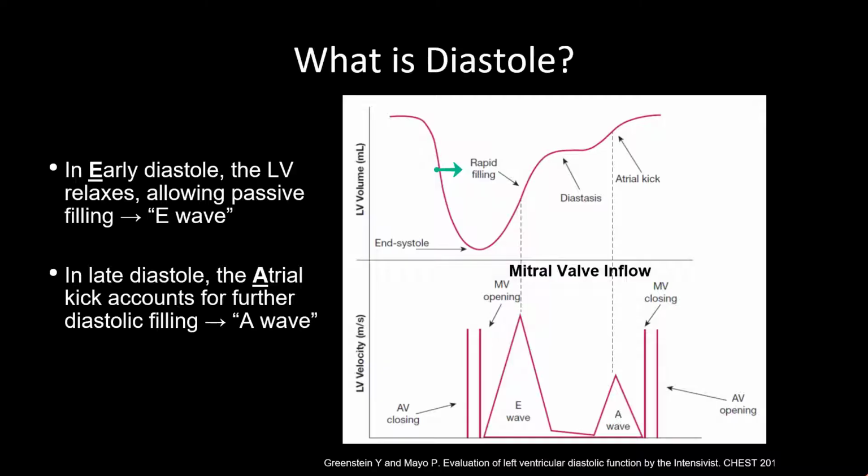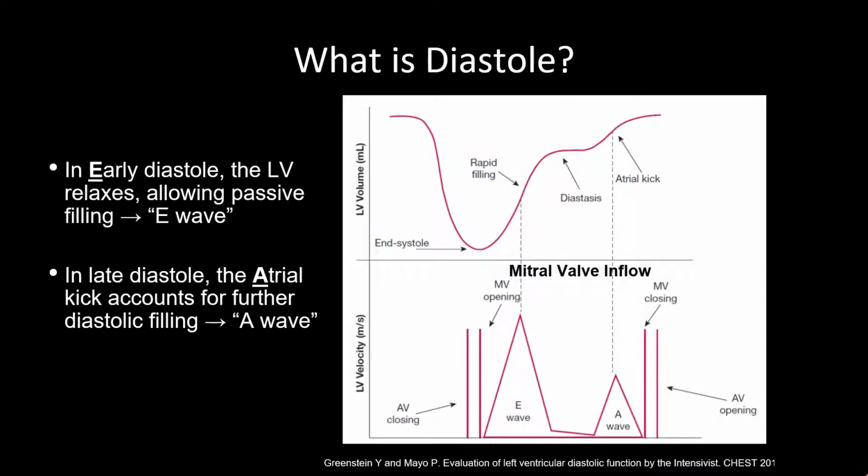Given that volumes are not easily quantified on POCUS, we use velocities across structures such as valves to assess cardiac function. The early phase of diastole, or the passive filling phase, is manifested as the E wave as seen here. In the second phase, called diastasis, there's no flow across the mitral valve as the pressure between the left atrium and the left ventricle equalizes.